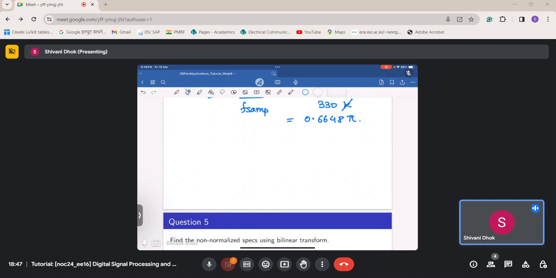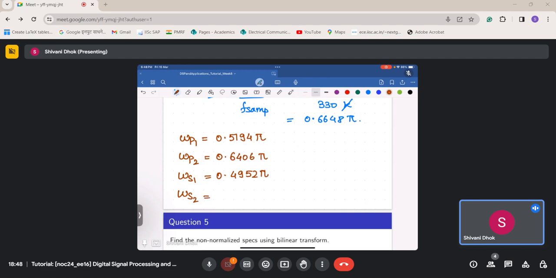So what all do we have? We have the normalized frequencies as omega p1 equal to 0.5194 pi, omega p2 as 0.6406 pi, omega s1 as 0.4952 pi, and omega s2 as 0.6648 pi.